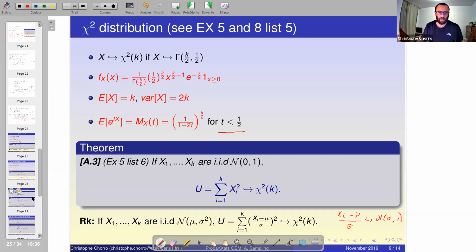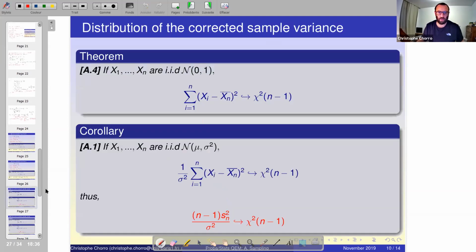And the chi-square here will be used in order to prove the following. So in fact, we are going to find a pivotal quantity here. And keep in mind that I have defined the pivotal quantity as something that has a distribution independent of my parameter of interest, okay?